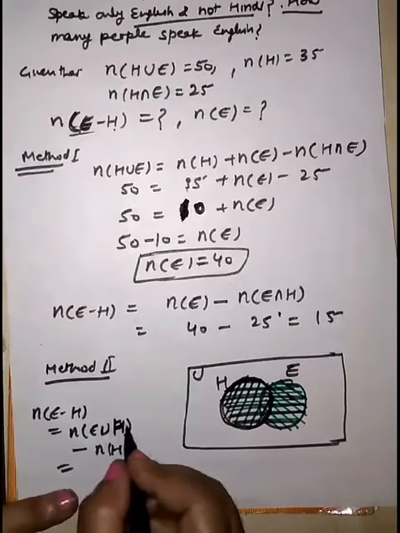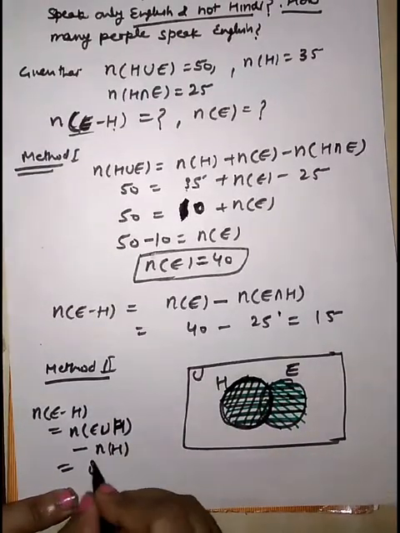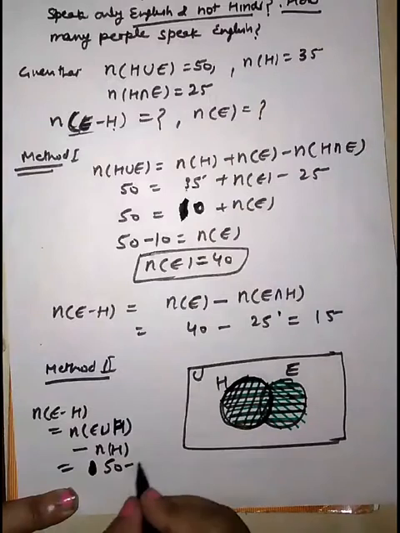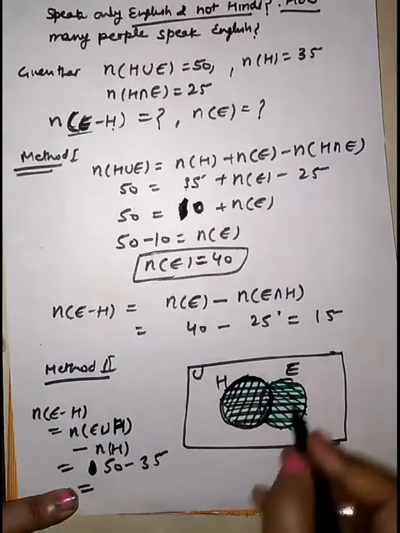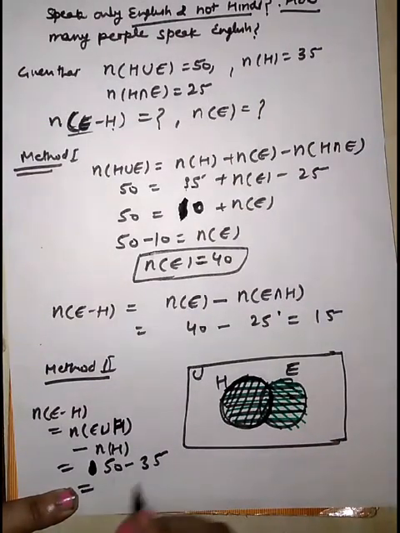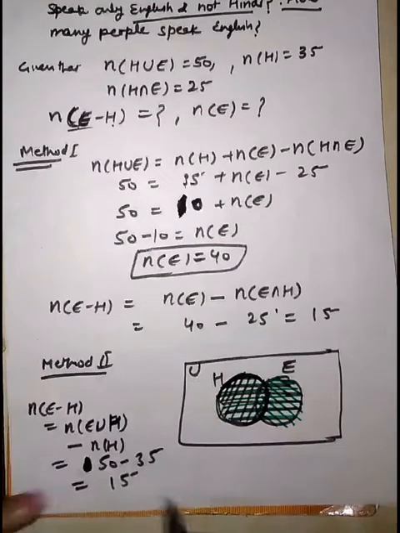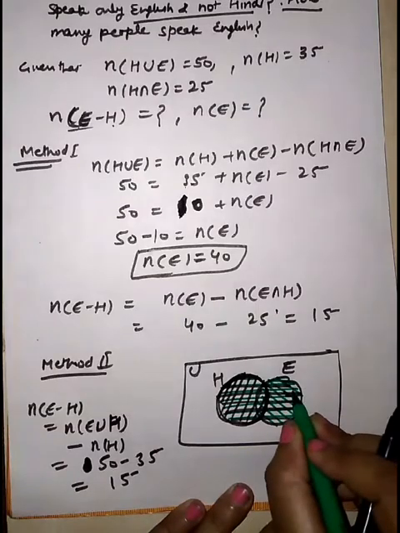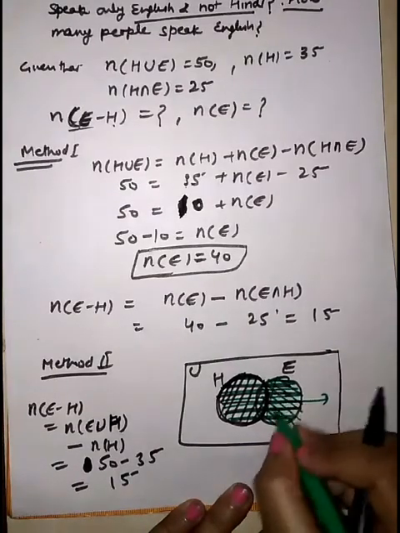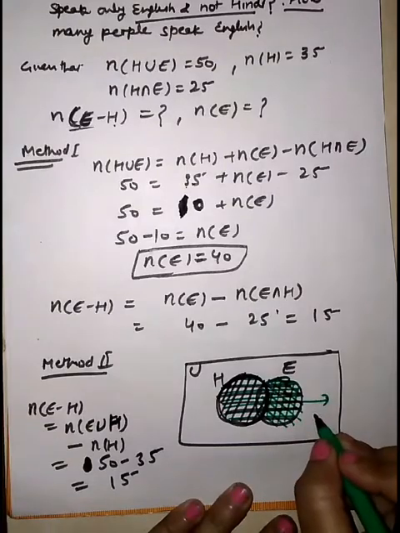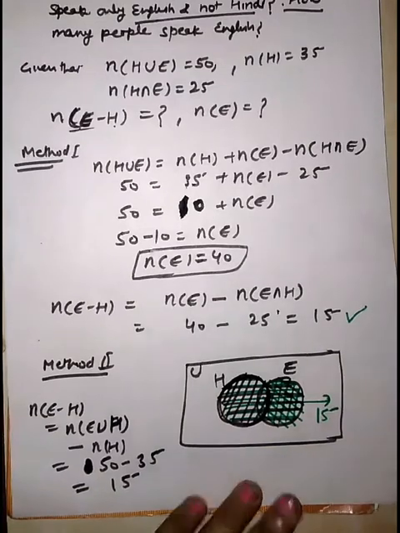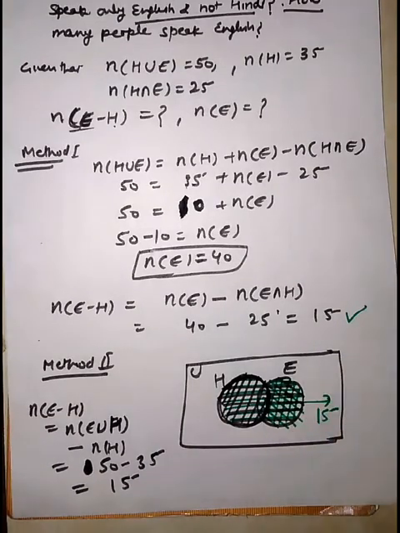So n(E union H) is the total, which is 50, minus n(H), which is given as 35. So this value comes to 50 minus 35, which is 15. So you can find the result in another way, and in your first method you also found 15.